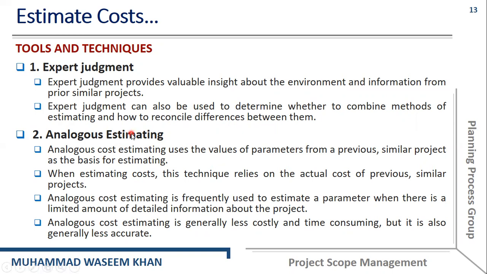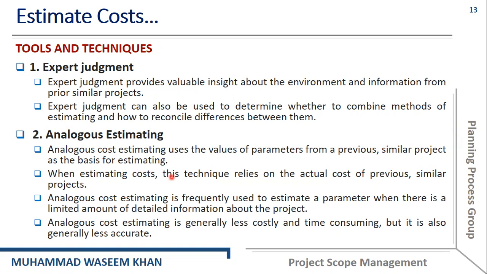Let's talk about analogous estimating. As you know, in the project schedule management chapter, we discussed different techniques that include the analogous estimating technique. Analogous cost estimating uses the values of parameters from a previous similar project as the basis for estimating. We consider similar previous projects, take the data from those past projects, and make decisions based on that data.